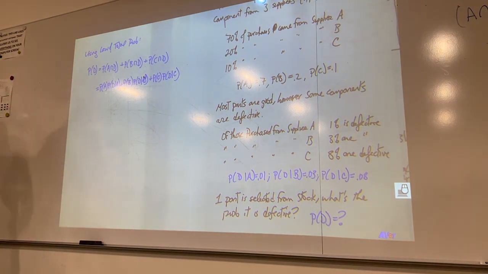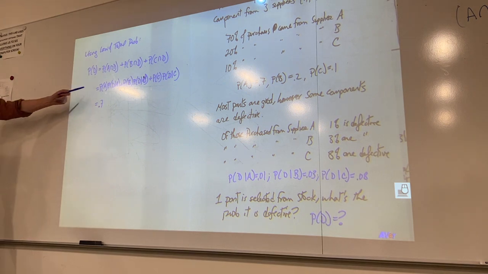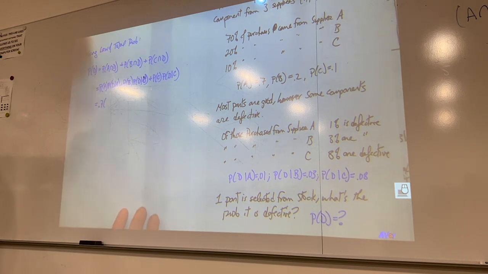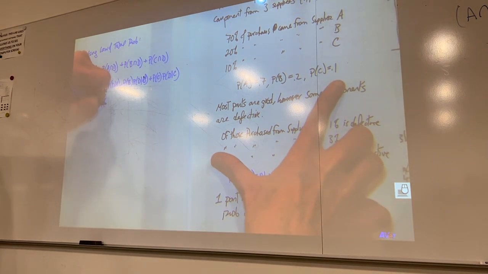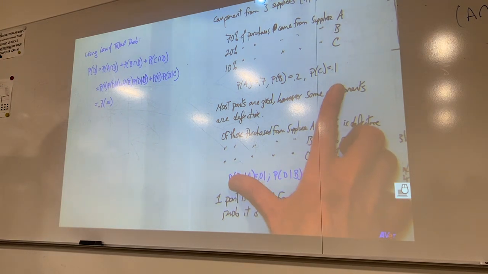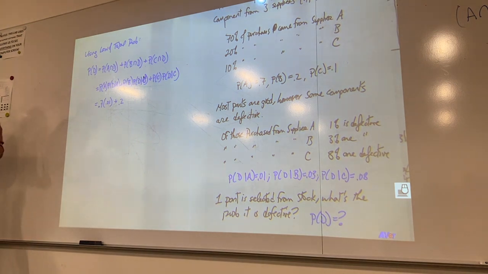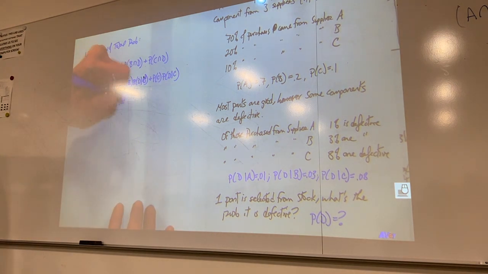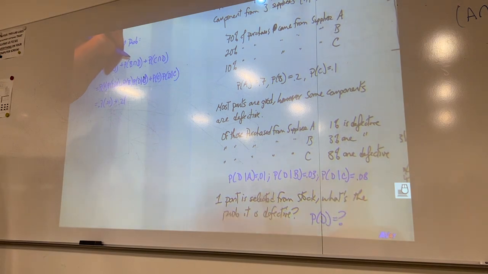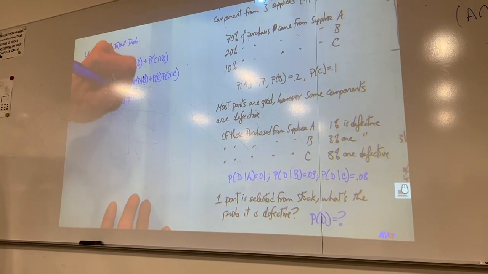And you see, using these numbers, 70% of my stock comes from supplier A, so we're going to weight it more heavily because a lot of stock comes from there. And of those from supplier A, only 1% is defective. We purchase another 20% of parts from supplier B, and in that pool, 3% are defective.